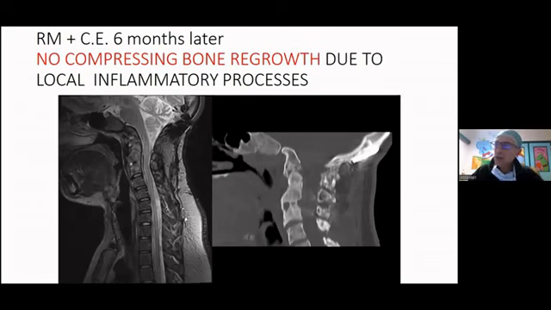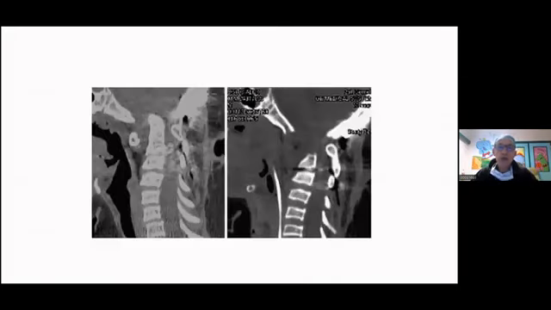There is a benign regrowth of the odontoid, as I call it, due to the young age of the patient and a very slow progressive local infection, which is a trigger for bone regrowth compared to the very beginning of the operation.